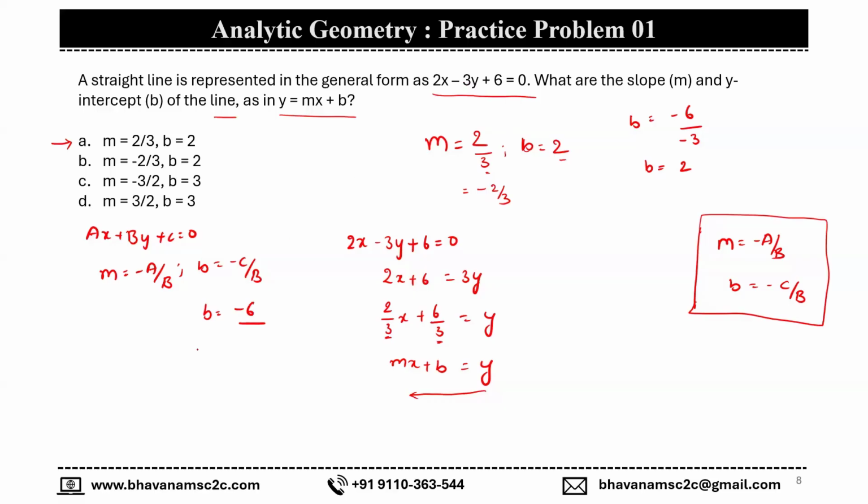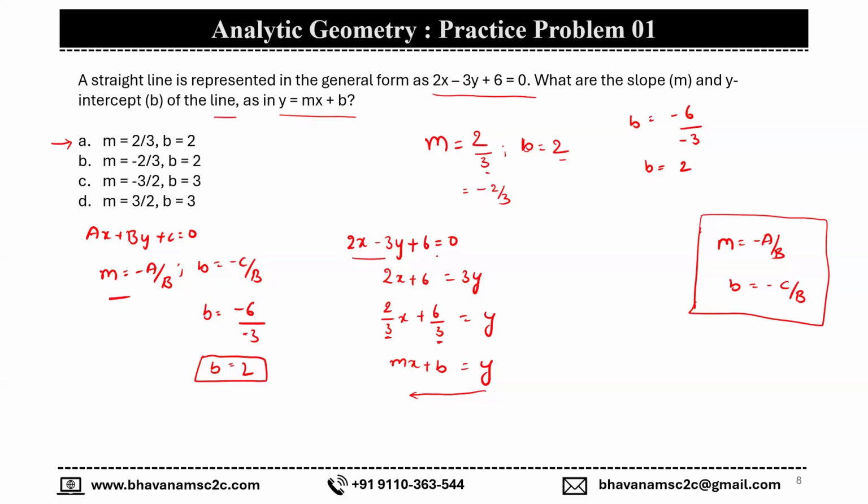It's not 3, it's minus 3. So if you do it this way, it's going to be minus 6 by minus 3, which is equal to 2. And that's the reason I'm emphasizing that you try to convert the general form of the given equation into the standard form, which is y equal to mx plus b.